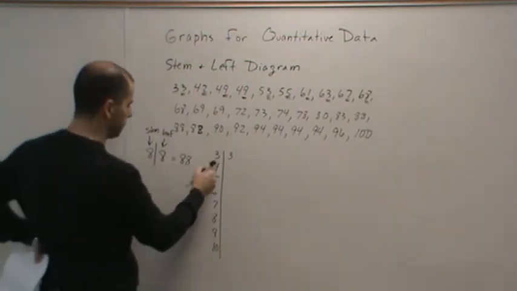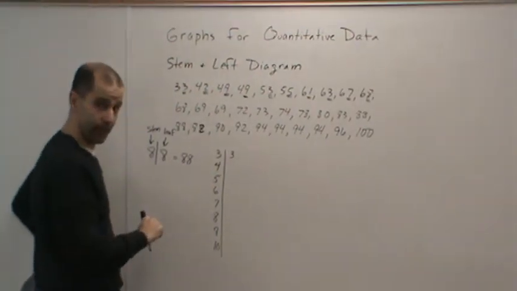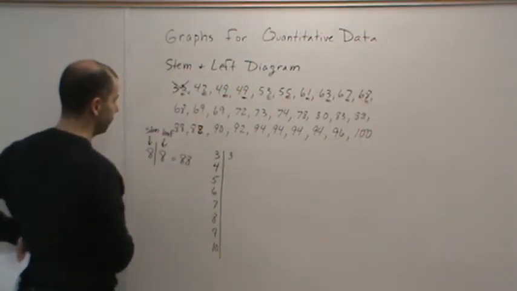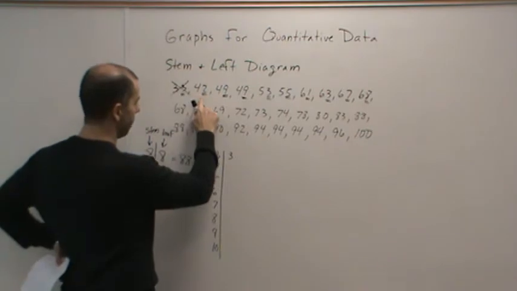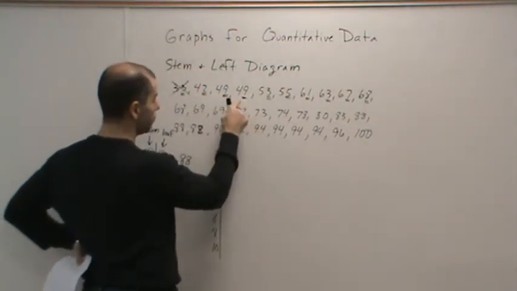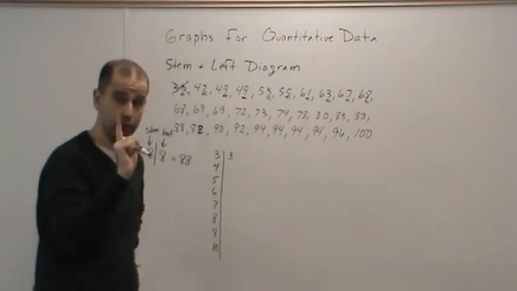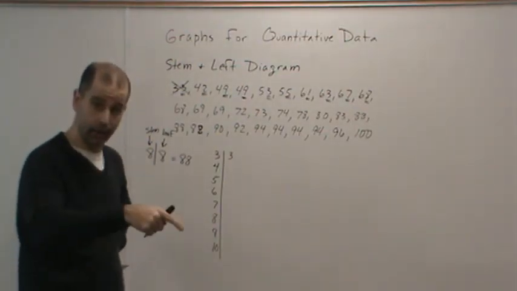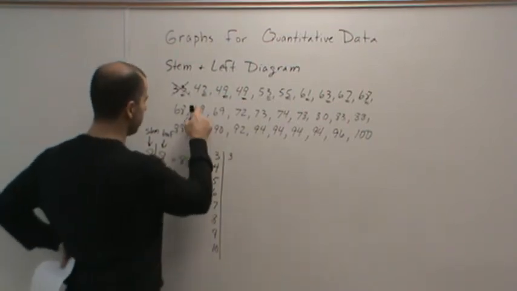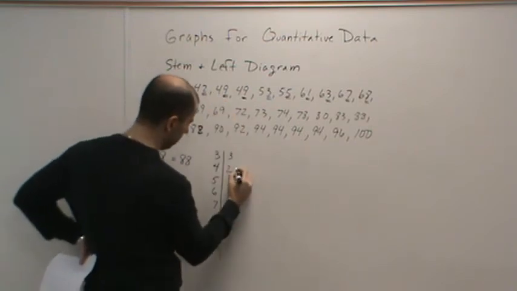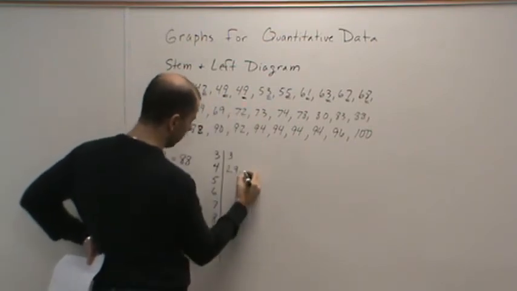Now I'm going to go to the 40s because I don't have any more digits in the 30s. So the next one is I have the 40s. Well, I have 42, 49, and 49. So I have two 49s, which means I'm going to have two 9s on the right side of the line. So the way I would write this is I would put 42, so 2, and then a 9, and then a 9.